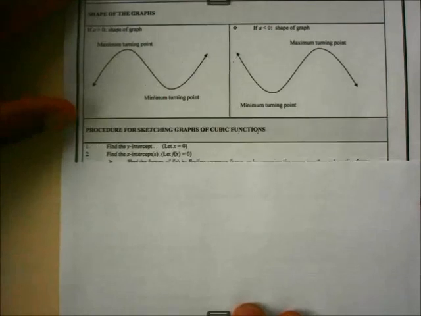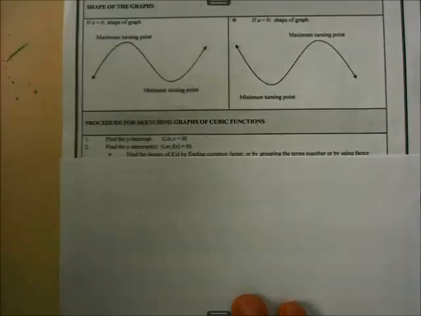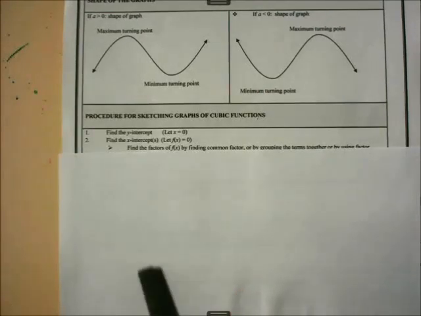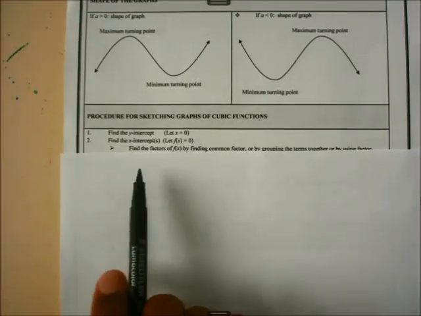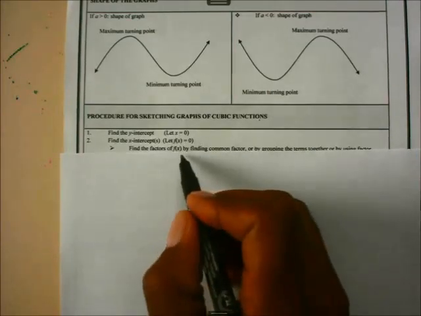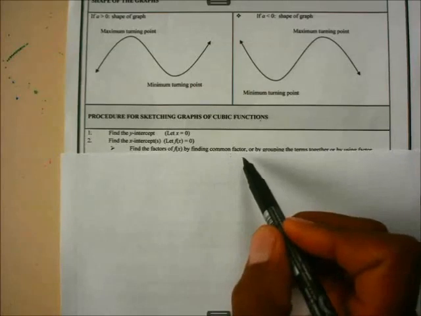That is number 2. And of course, this one is very important. Remember, we'll be dealing with the cubic function now. First of all, when you solve for x, when you find the x-intercept, what you must do first is find the factors of f of x, of course, by finding the common factor.